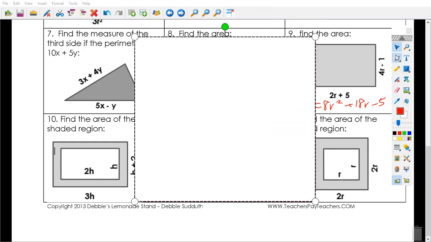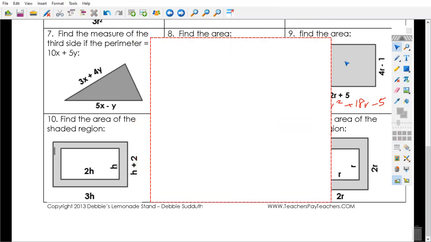Which one should we do first? The big box or the little box? Little. The little area equals 2h times h, which is 2h squared. Easy enough, right? Then we're going to do the big.